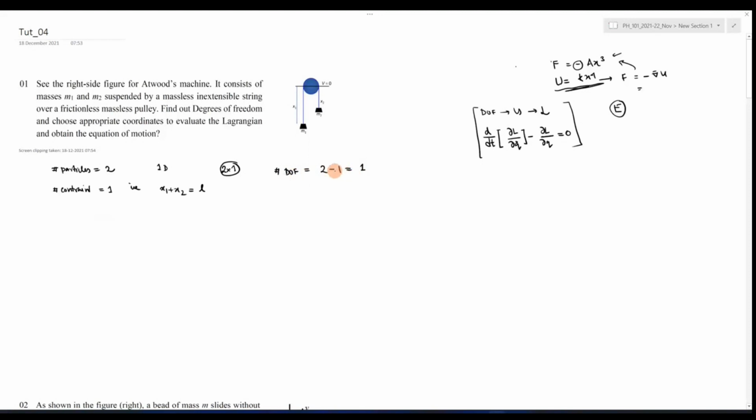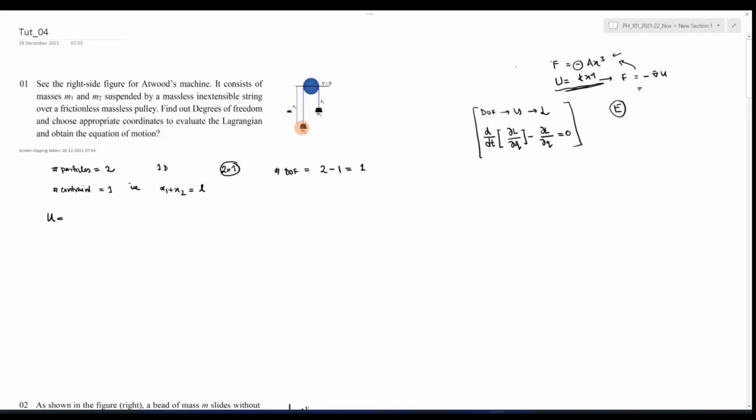Now you can choose either x1 or x2 for your generalized coordinate. So let us choose x1 for further processing. After that, you have to write the potential energy. What is the potential energy?